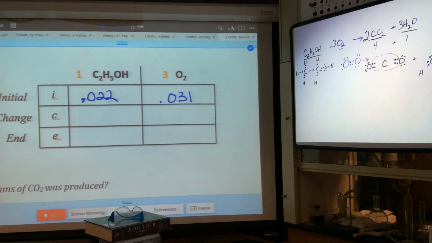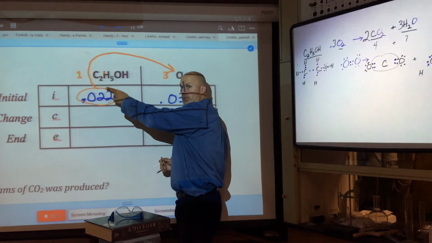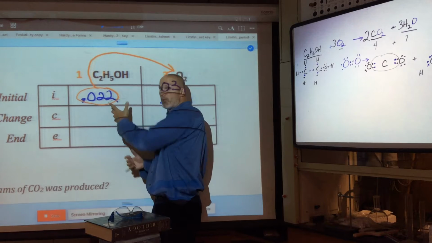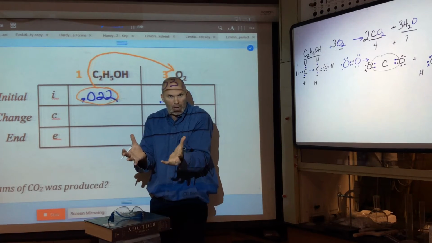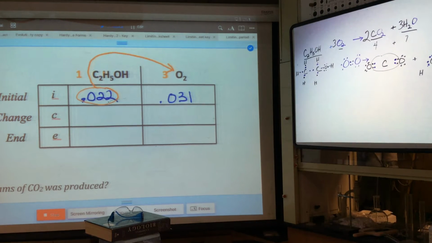So in order for all of this to react, how much of the O2 do I need? Can everyone clearly see I'm going to need 3 times the number of particles for all of this to react? It's a 3 to 1. Isn't a mole a number of particles? Isn't it like an abbreviation? So what's 3 times 0.022? 0.066.